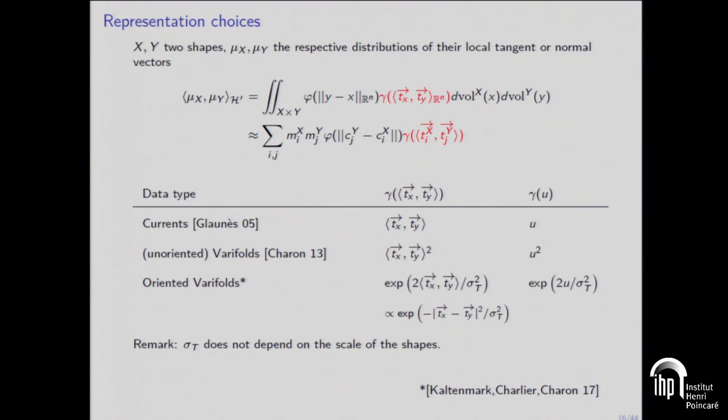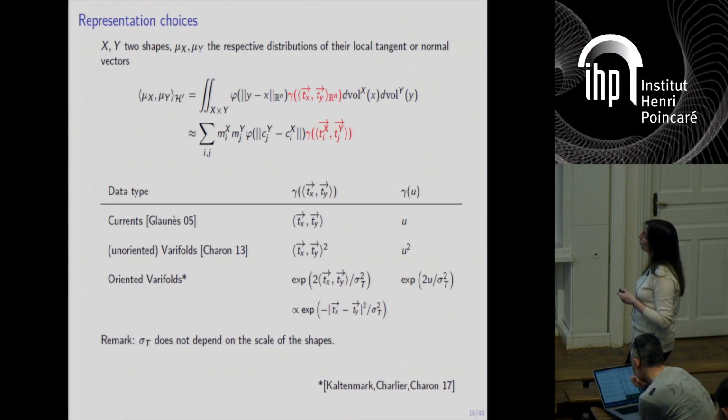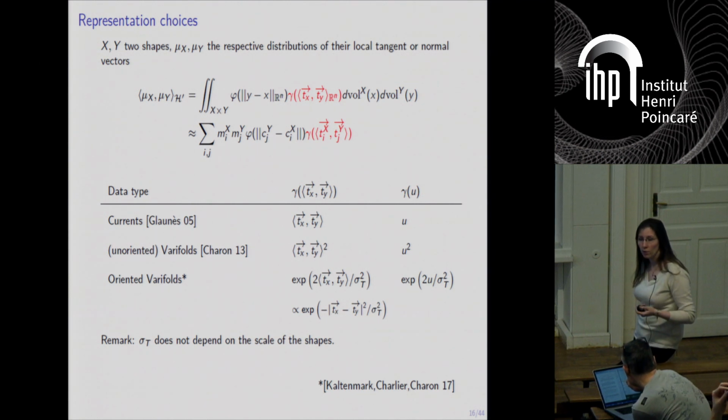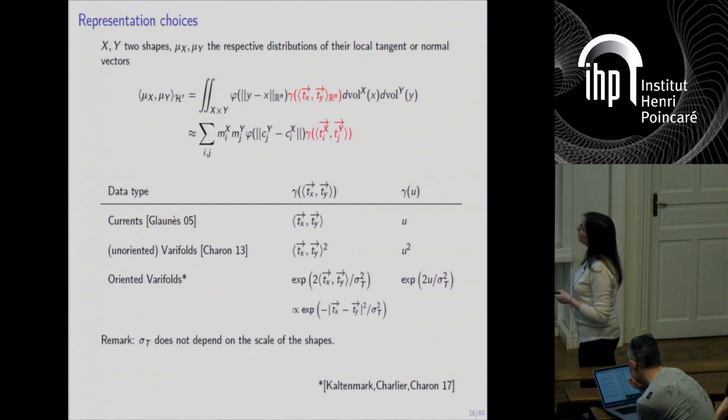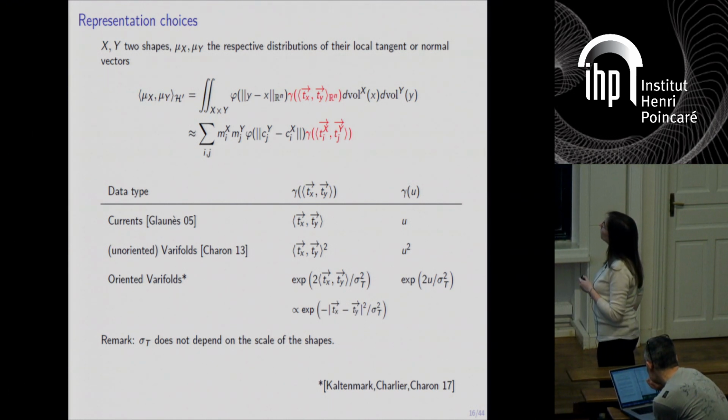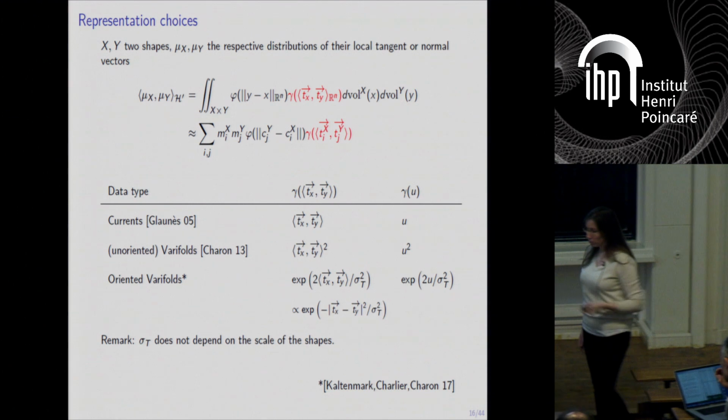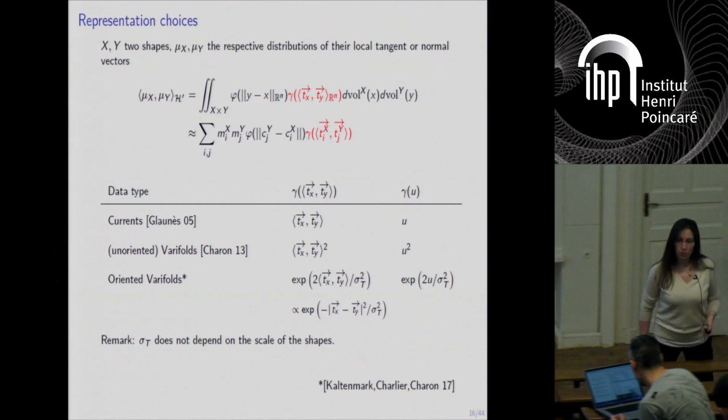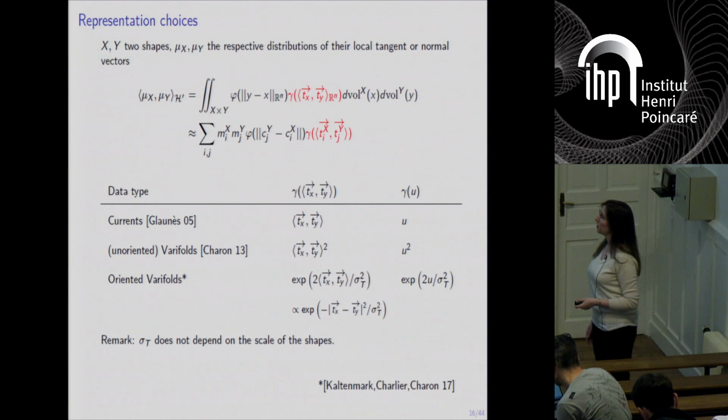For the unoriented varifold, you retrieve this framework by using a kernel that is invariant to the orientation of your vector. So if you change here the orientation to its opposite, you will have a minus, but since you consider the square of your scalar product here, you are not dependent on this orientation. So any function gamma that preserves the value when you change the orientation of one vector will give you an unoriented varifold representation.